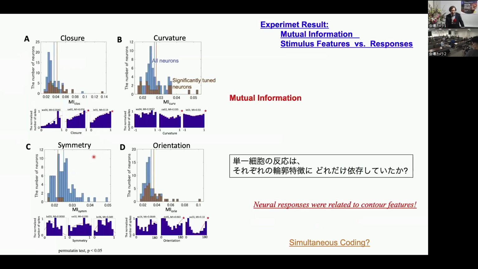These are 4 histograms showing the mutual information for the features. Nice. We observe some distribution. So we can say that neural responses are related to contour features. Now the point here is the simultaneous coding. So we expect that the amount of mutual information for these 4 features should have similar magnitude. Let's check that.